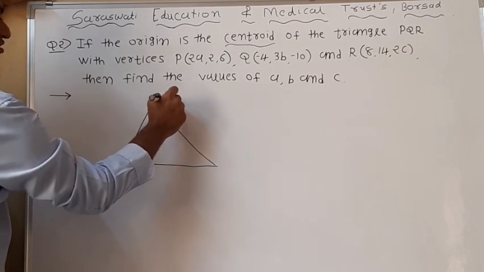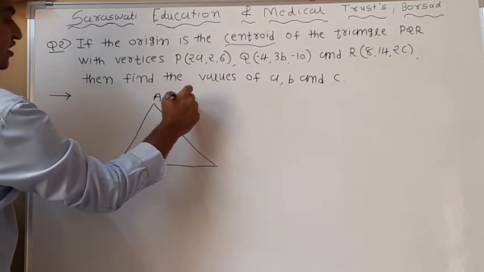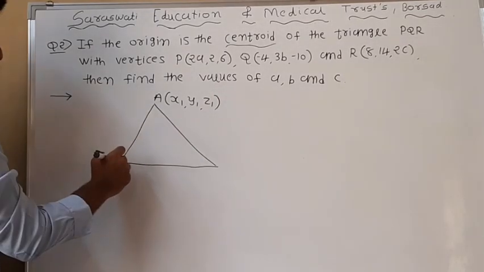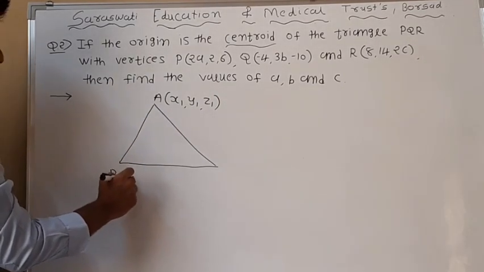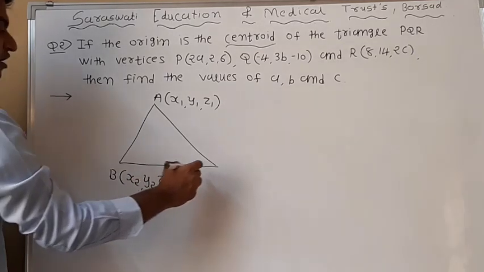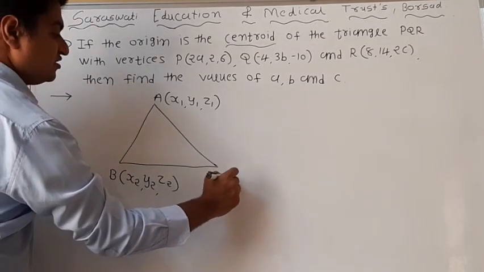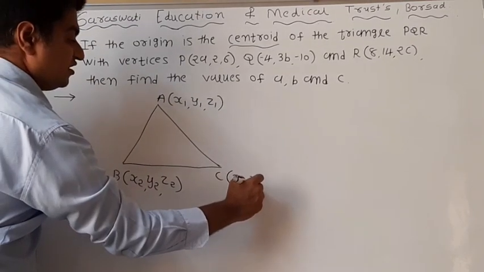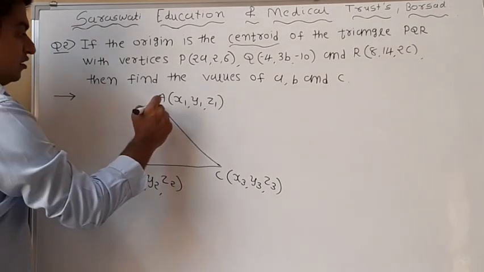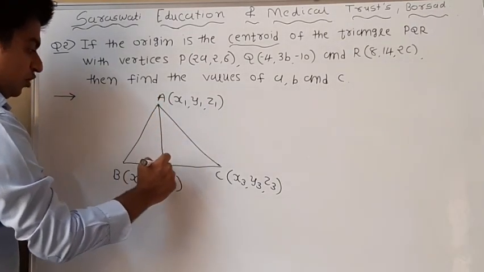The triangle's coordinates: A is x1, y1, z1, B is x2, y2, z2, and C is x3, y3, z3. Now draw the medians.